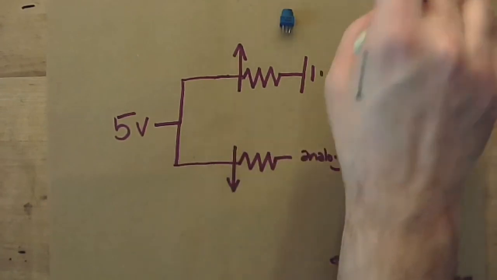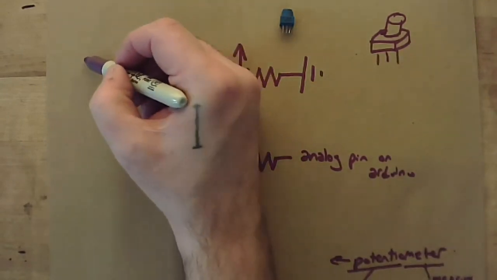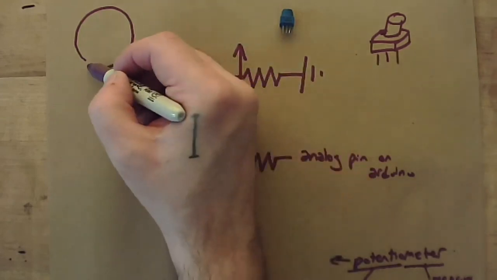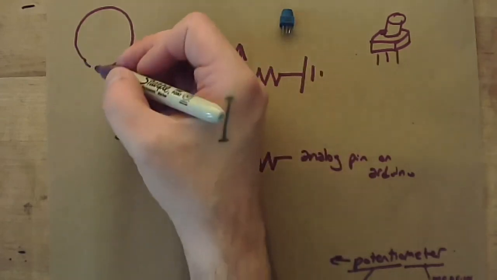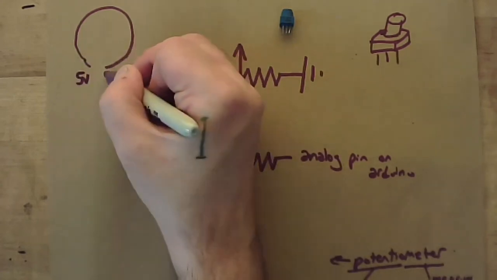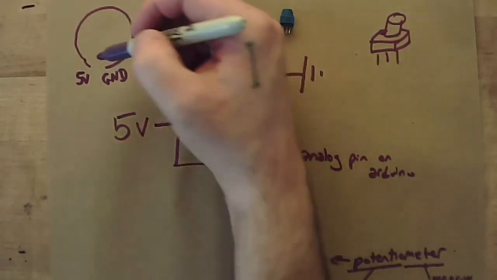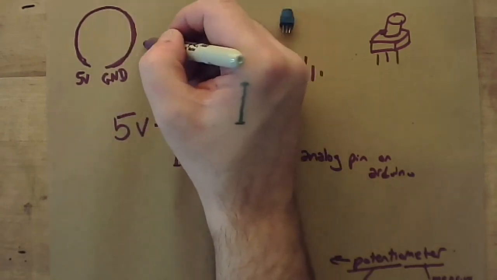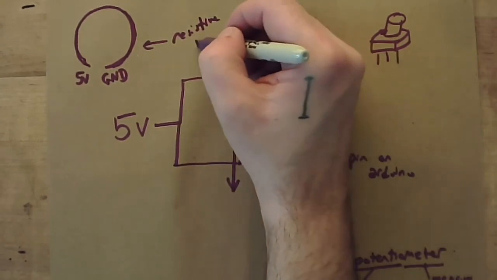And just the way it works is inside of this, there is physically a piece of stuff here that has, on one side, 5 volts, on the other side, ground, often shortened to G and D. And this material is a resistive material.